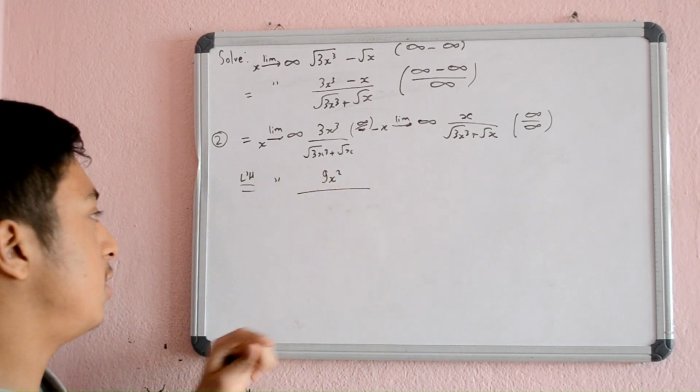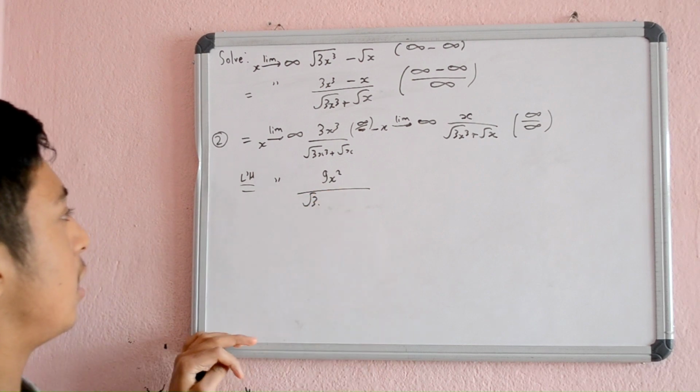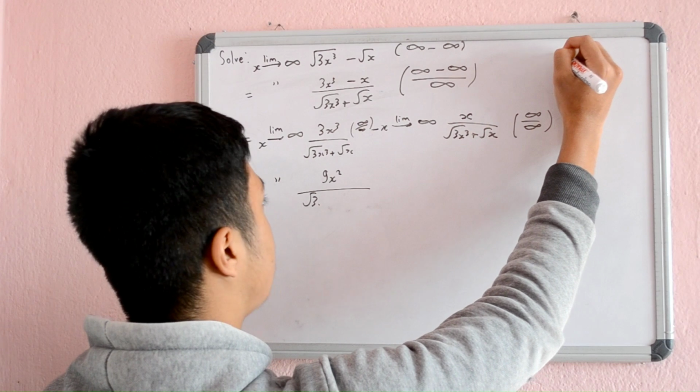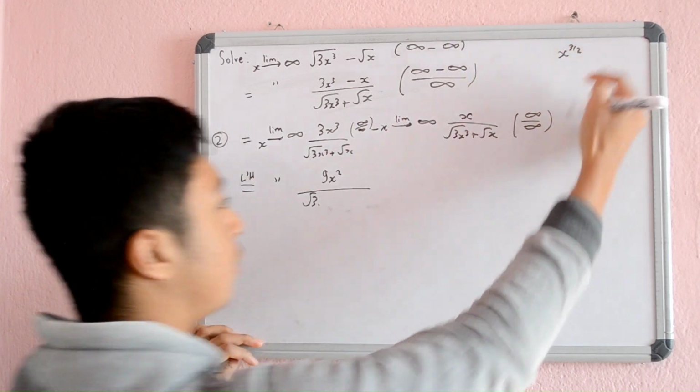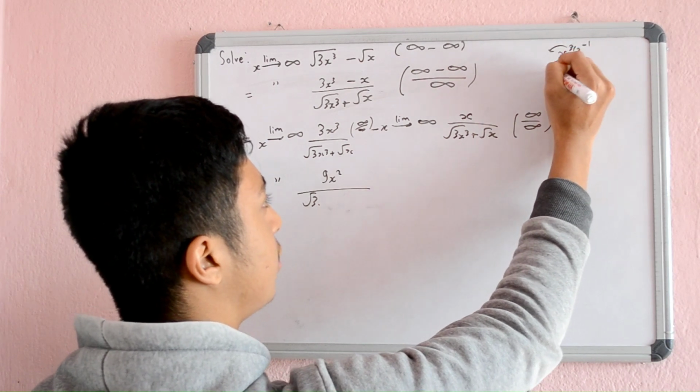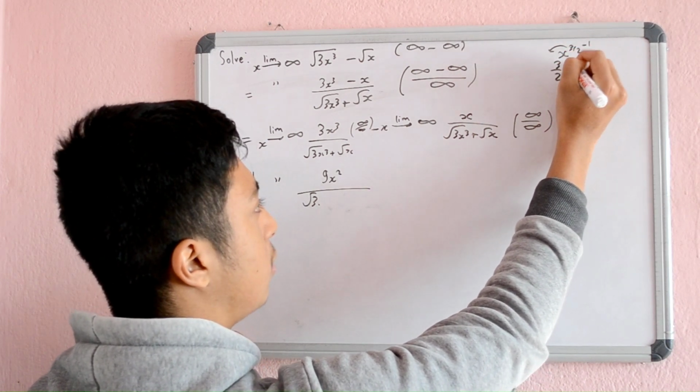take root 3 as constant, put that outside, into the derivative of root x cubed, which we can write as x to the power 3 by 2. Power comes down, minus 1, so this is 3 by 2, x to the power 1 by 2, which is root x.